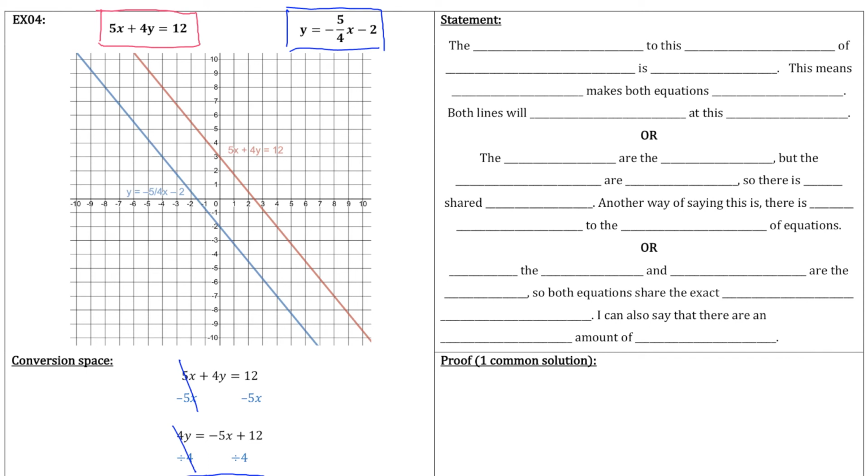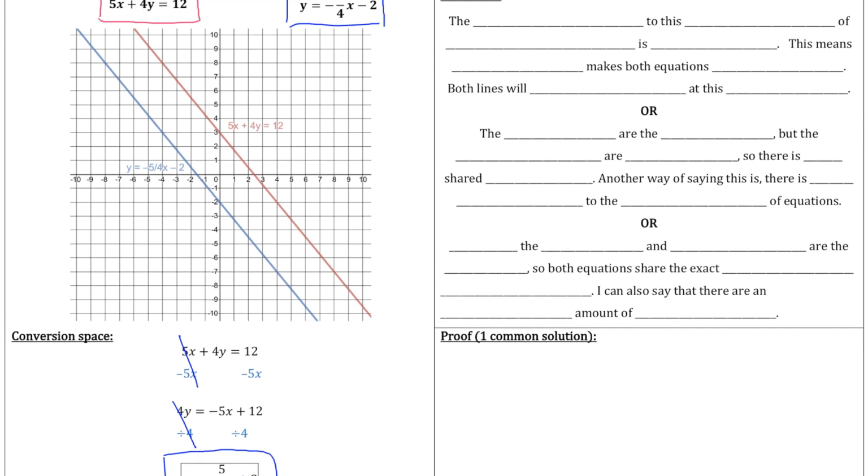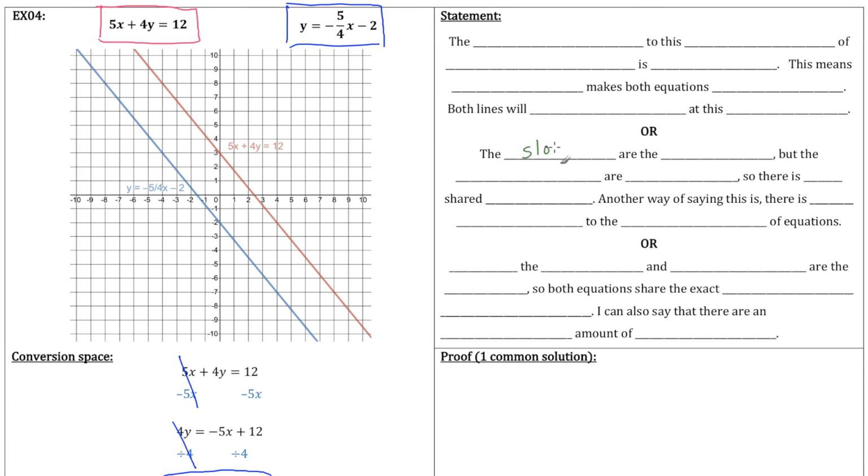So what we can basically say is that the slopes are the same, right? Negative 5 over 4, negative 5 over 4. So the slopes are the same. But the y-intercepts, this one starts up here and goes like that. This one starts down here and goes like that. But the y-intercepts are different.